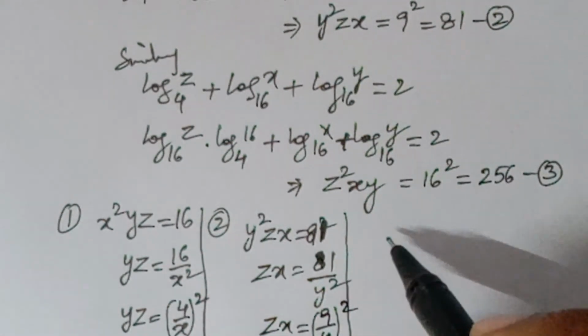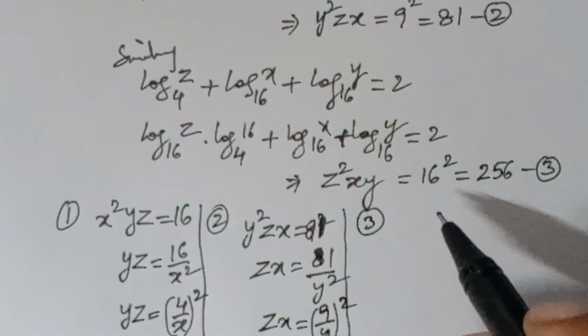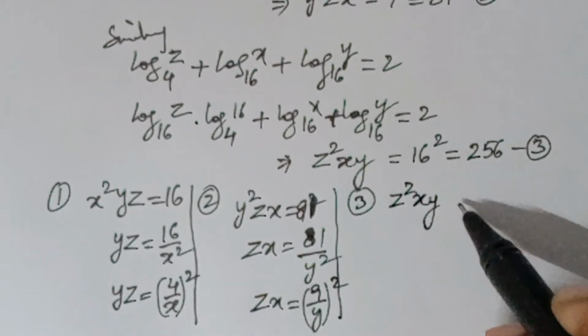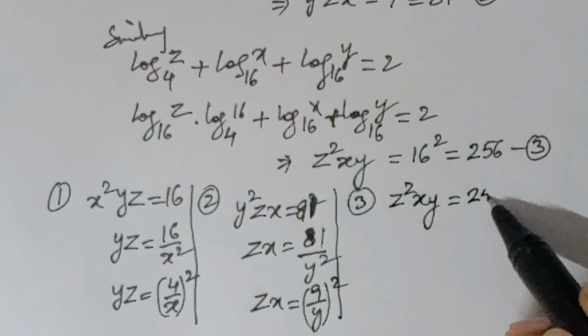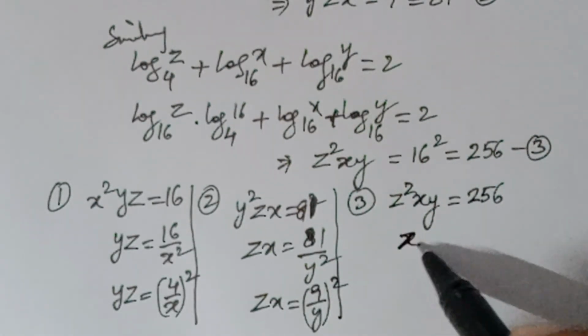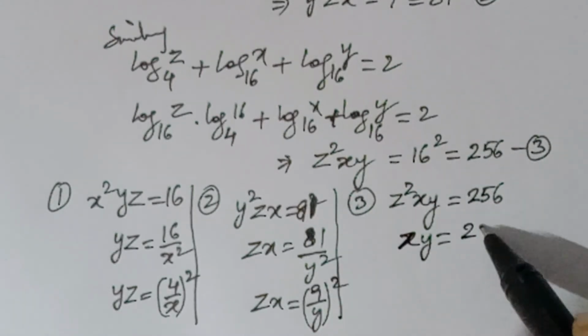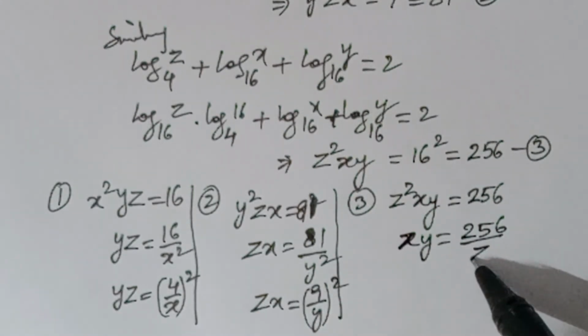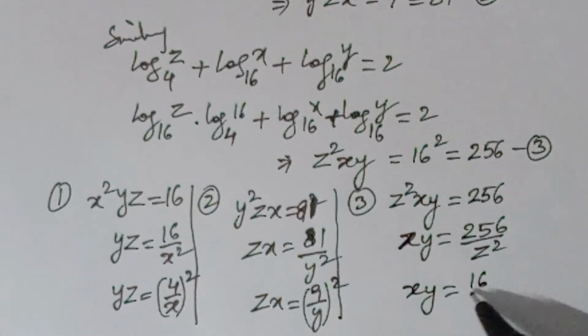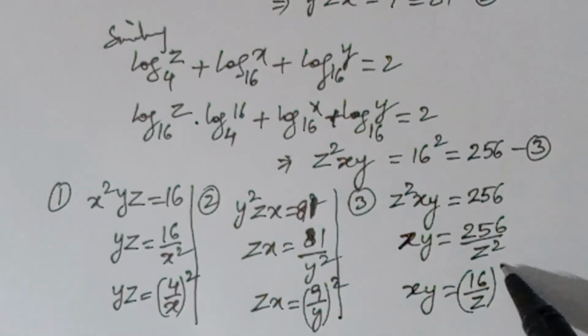If you take the third one, z square xy is equal to 256. So xy is equal to 256 by z square. You can write it as 16 by z whole square.